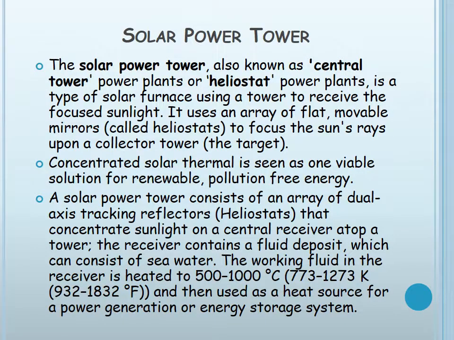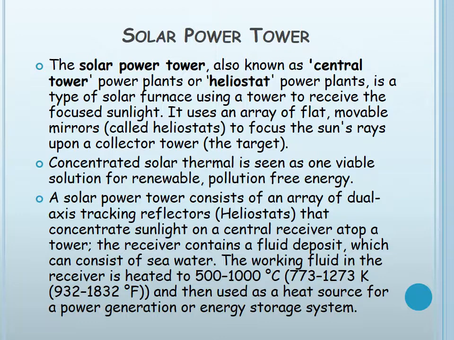Then we're going to talk about something interesting. It's called the solar power tower, also known as the central tower. This is mainly a huge tower, and they have this thing called heliostats. So what are these heliostats? Heliostats are mainly the reflectors.